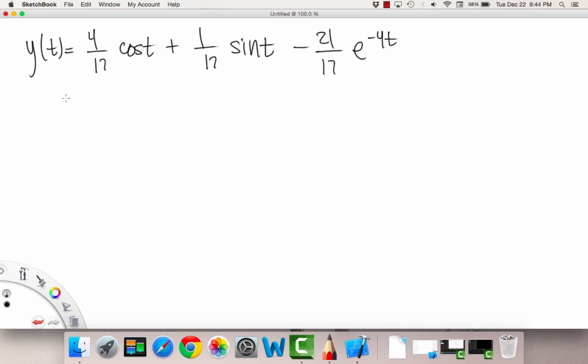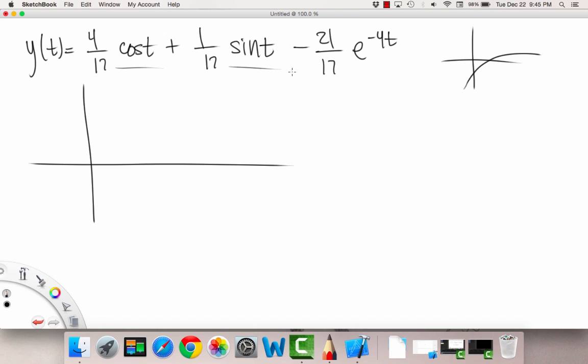Graphically, this resembles an upside down exponential graph, except that because of the cosine and sine terms, it goes a little bit sinusoidal. It just means it goes up and down, it oscillates a little bit. So it'll look something like this: it goes up, comes down, up, down, and continues on.